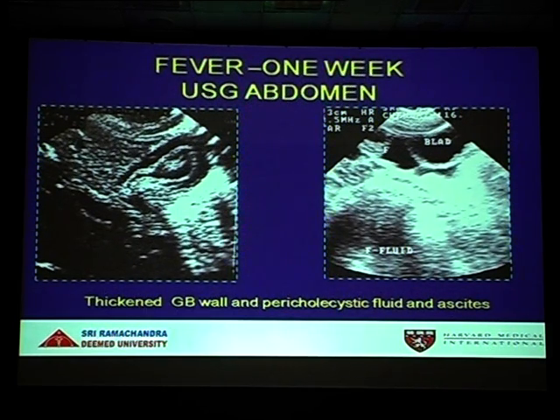Suppose if it is typhoid fever, only gallbladder changes will be there, and also we'll see the mesenteric lymph nodes. Okay? If it is leptospirosis, kidney involvement will be more than the gallbladder changes, and ascites will be there. In that way, imaging wise, we will differentiate this type of fever.